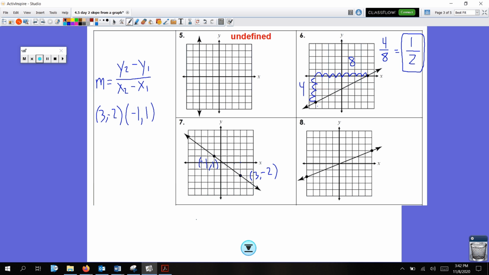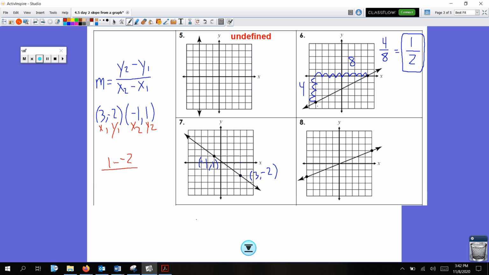All right, remember, I always put my little x1, y1 underneath. Takes a second. This helps me keep everything together so that when I plug it in, I know I'm plugging in the right number. I look at the formula. Y2 is 1, minus y1 is negative 2. Remember, minus a negative becomes addition.